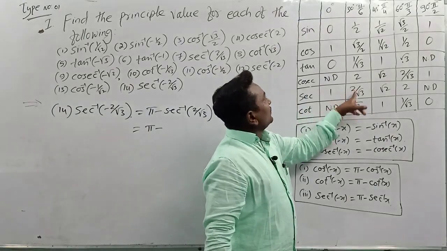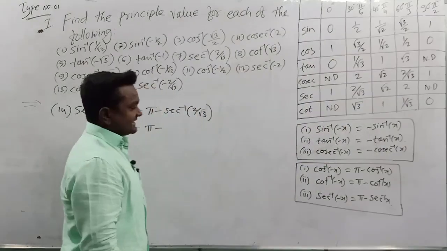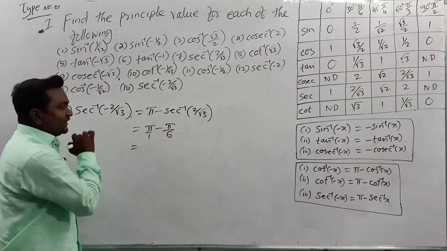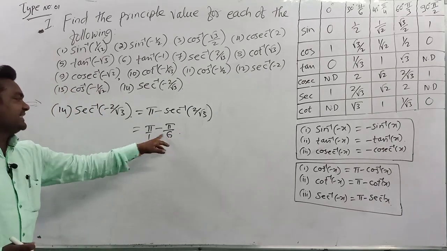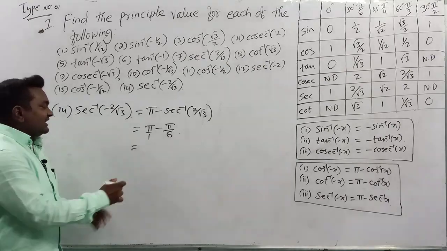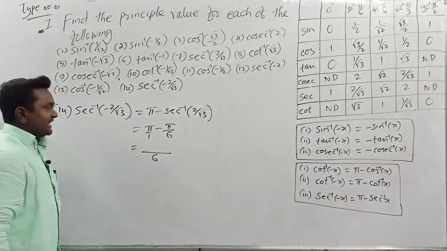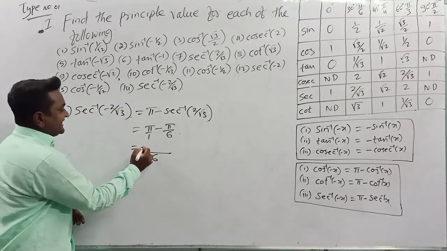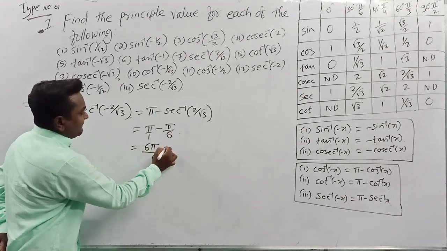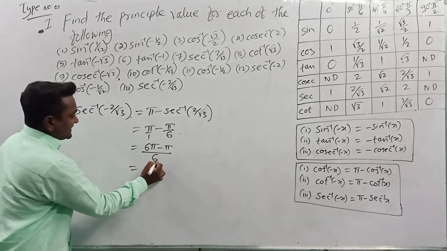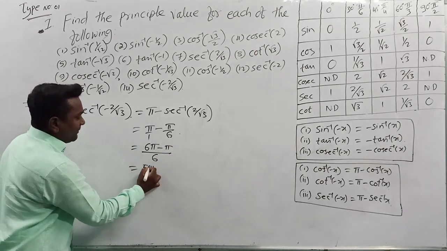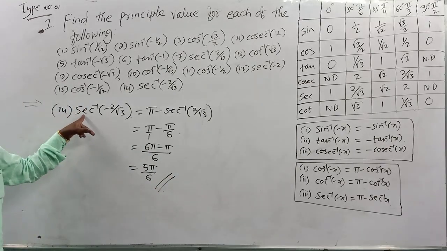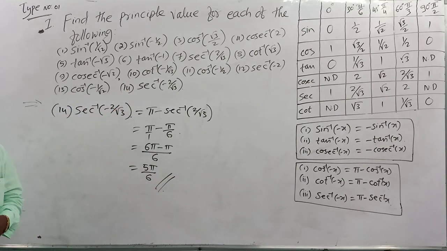Sec inverse 2 by root 3 value is what? Pi by 6. Now its denominator nothing means 1 is there, take down LCM in the denominator, 6 ones are 6 is our LCM. Then divide and multiply each term with LCM 6. 6 pi minus pi, subtract, we get 5 pi by 6. This is the required value of sec inverse minus 2 by root 3.